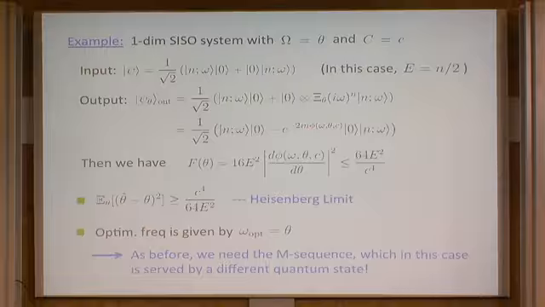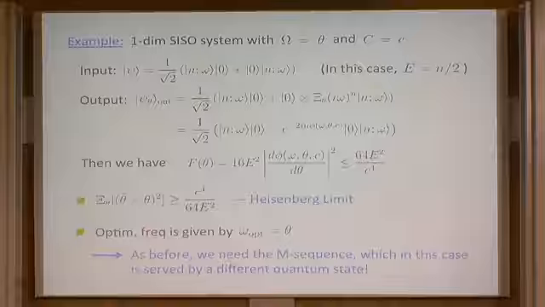So this is n times phi. Okay, so n is the number of photons, so if you inject a coherent field, this is simply minus 2i phi. But if you put a NOON state, it's going to be 2n phi. So as a result, the maximum Fisher information is going to be E squared.